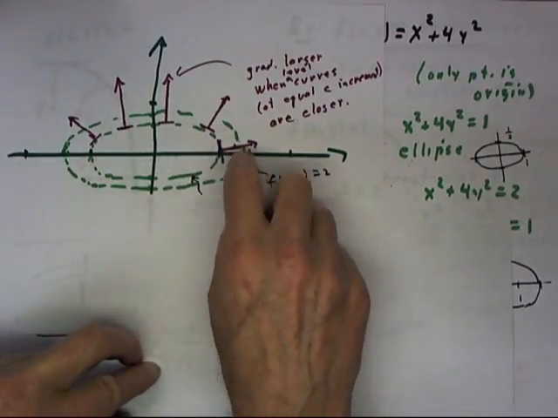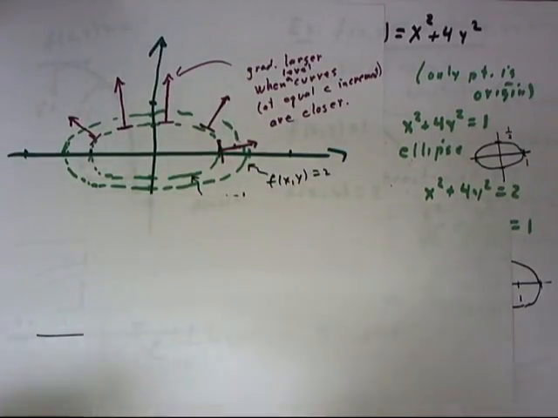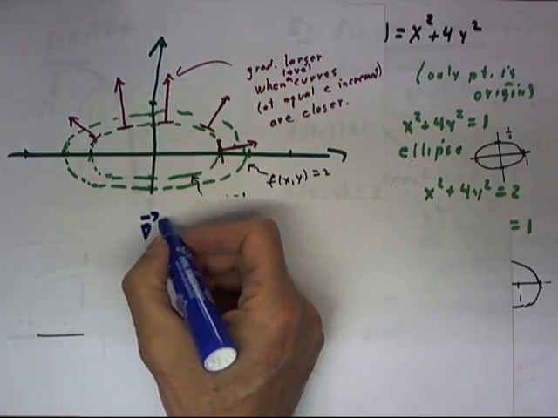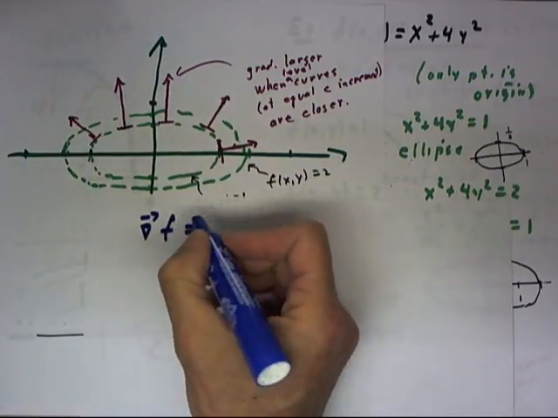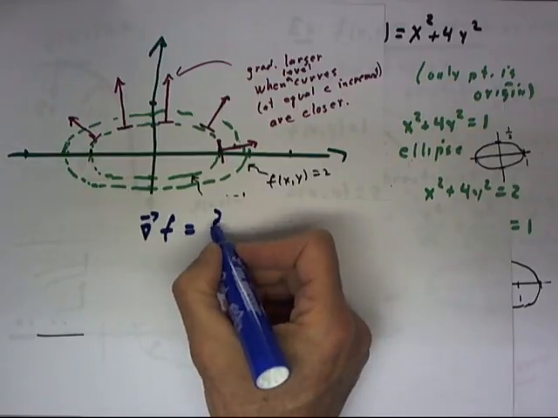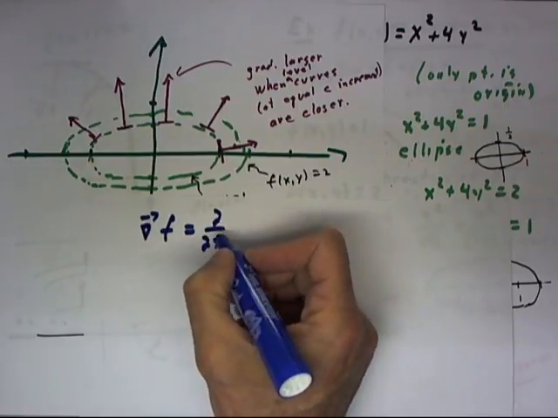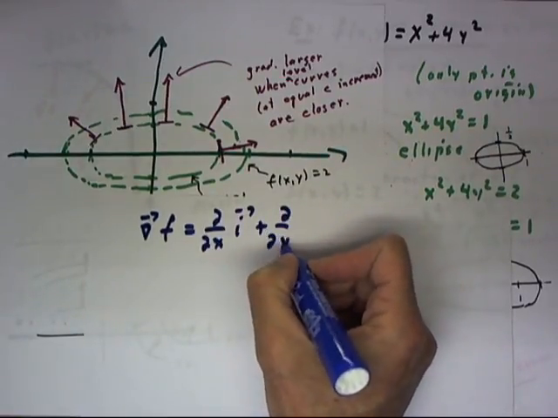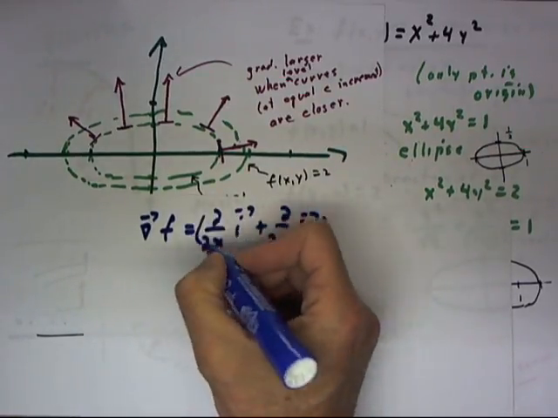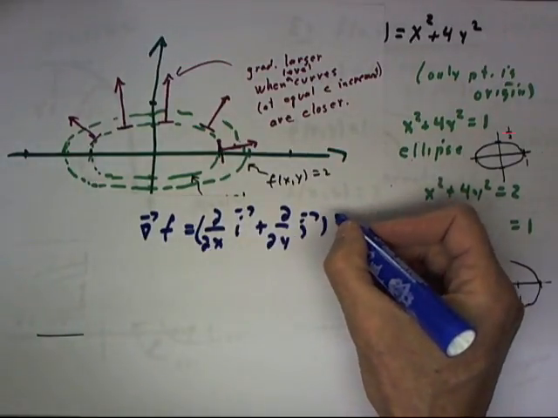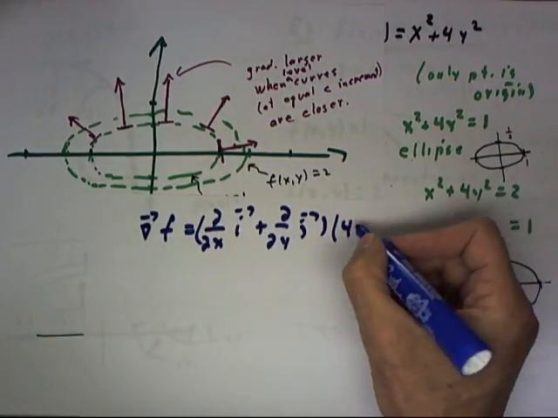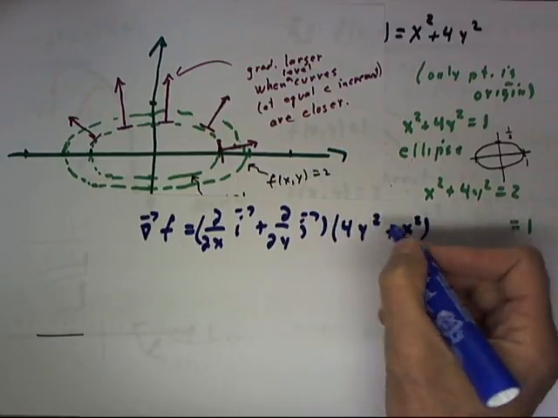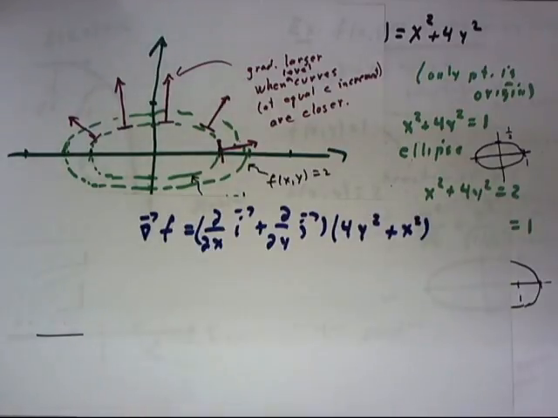Now let's see if this behavior is borne out by the calculations. The gradient of f is the partial with respect to x times i plus the partial with respect to y times j, applied to the function x squared plus 4y squared.